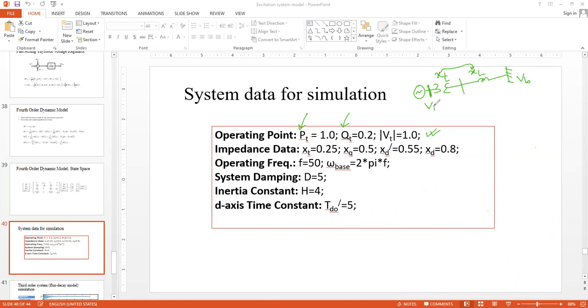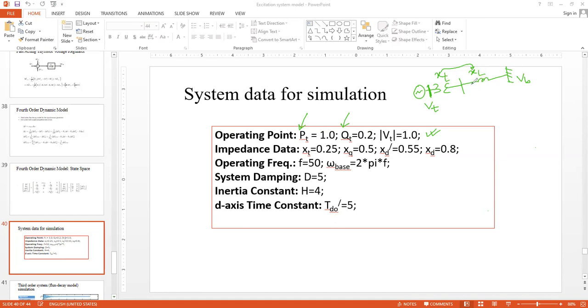So this is the generator terminal bus, VT, the low tension side, and this is the high tension side, and this is the transmission line impedance, where we are also saying that we are not considering any of the resistive elements within the armature of the generator, for the transformer model, and also for the transmission line model.